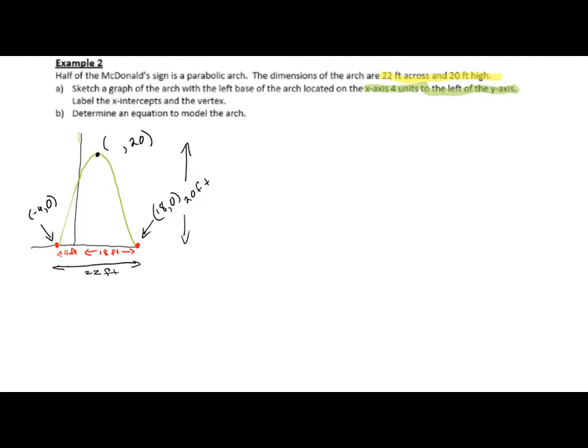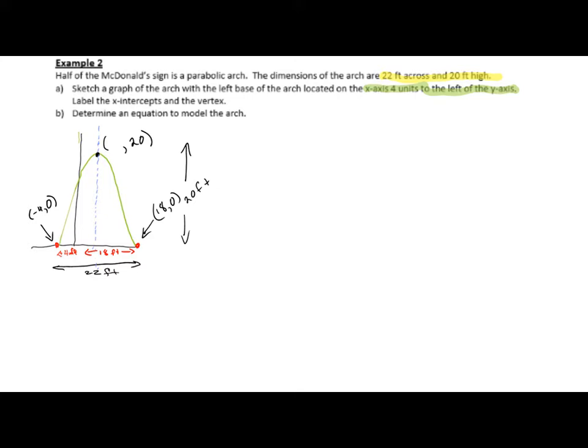And now what we have to do is we have to find the y value that occurs here. Now we know that for every parabola we have an axis of symmetry. So if I actually draw my axis of symmetry here, we know that our axis of symmetry goes through our vertex.